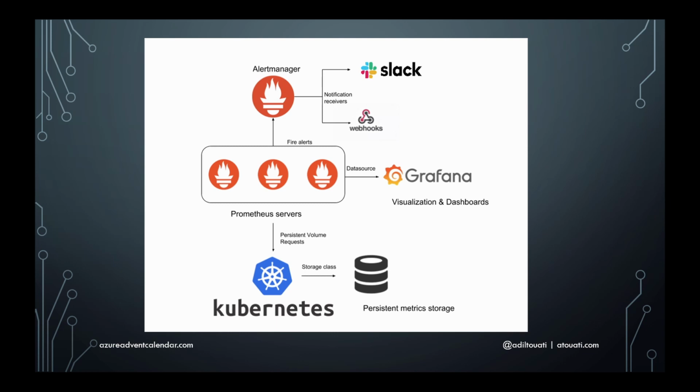We have a persistent storage where the metrics are stored, a time series database, and we have the Prometheus server that is running on the platform, scraping the metrics and storing them in this database.